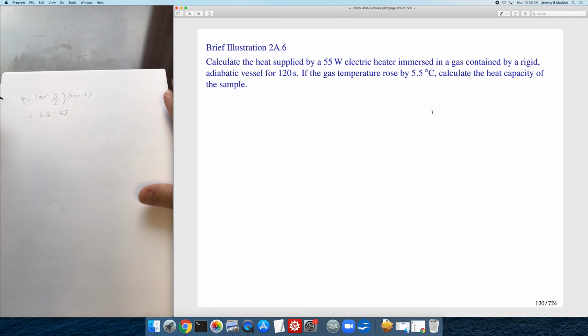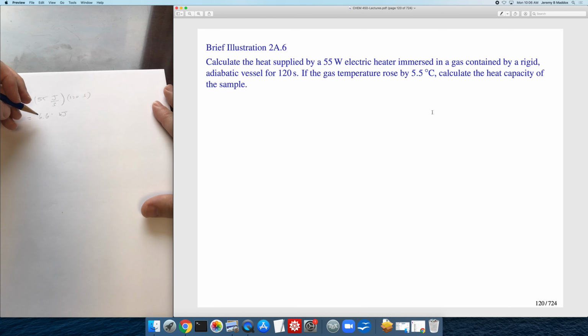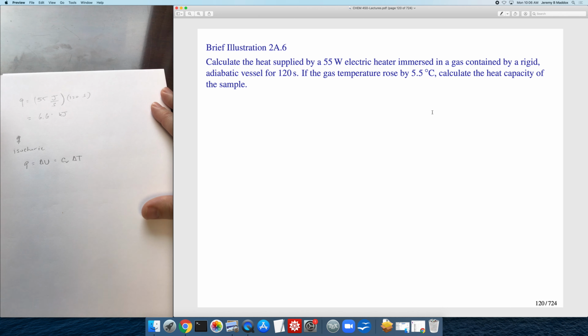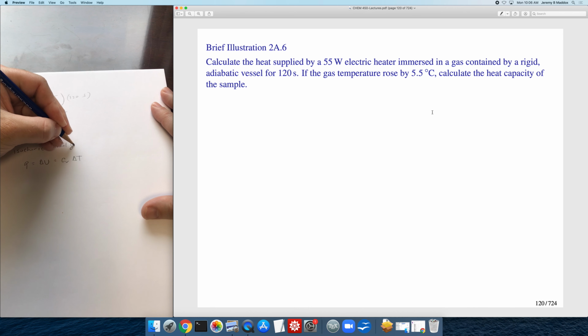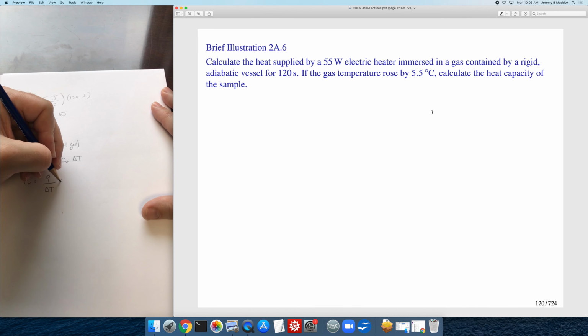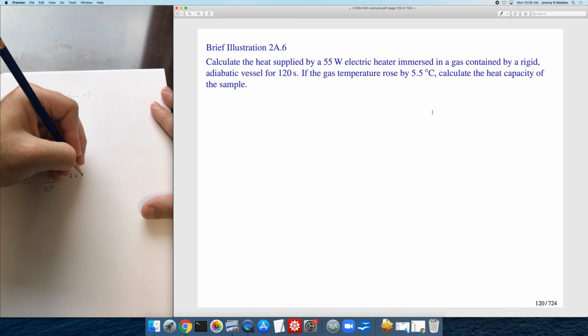Now they want us to calculate the heat capacity. What we'll do is we'll say that the heat involved, because this is an isochoric problem, for isochoric conditions, heat equals delta U. And that for a gas being heated equals CV delta T. So then we can calculate CV by taking Q divided by delta T. All right, so that's going to be the 6.6 kilojoules divided by 5.5.